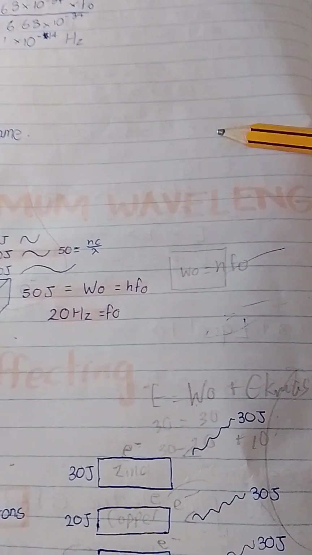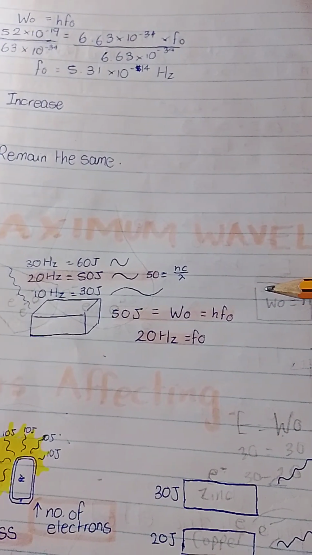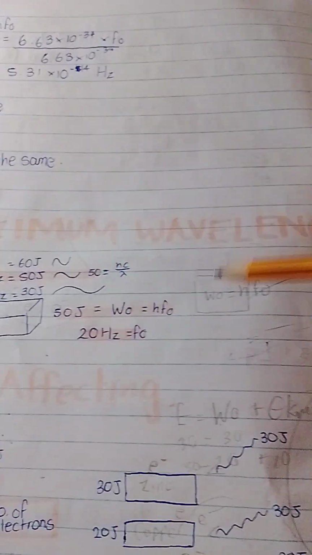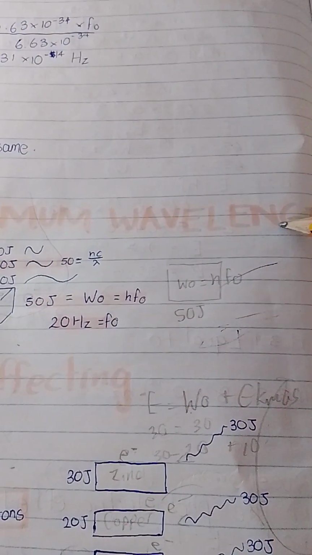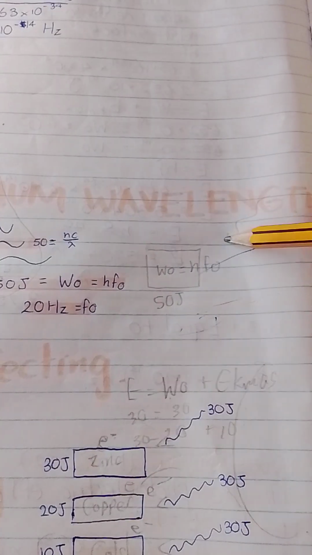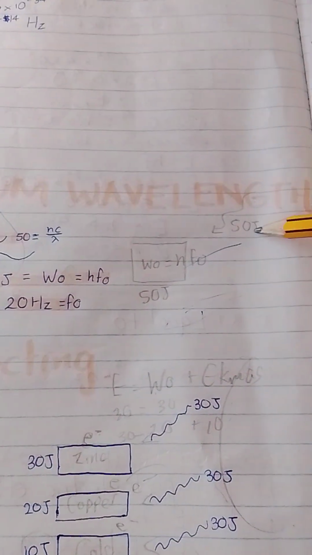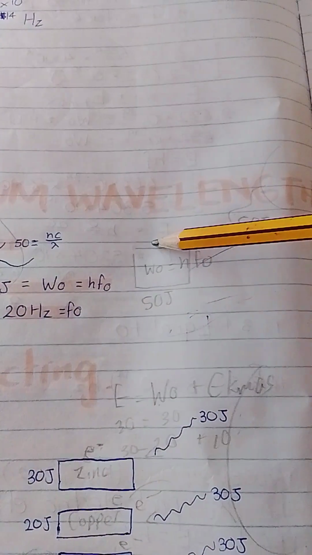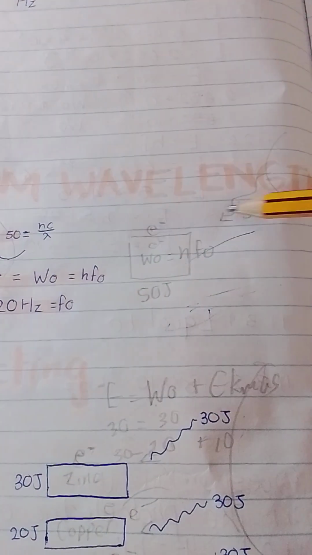So this thing says the threshold is 50 joules. And then the lowest amount of energy that can hit this thing is 50 joules. For there to be a photoelectric effect, there must be at least 50 joules. That's the lowest it can get. Otherwise, there will be no photoelectric effect taking place.